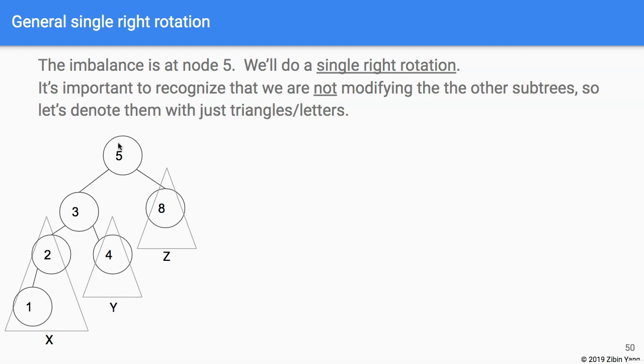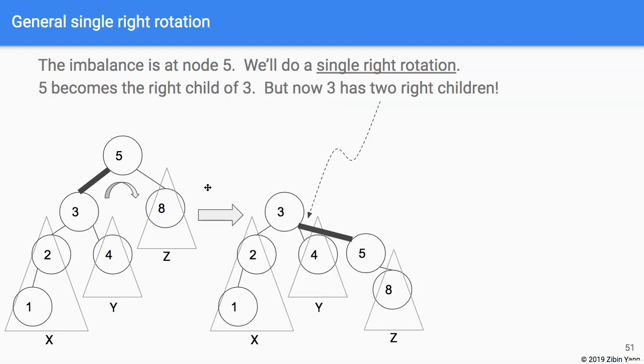And now we are going to rotate this tree to the right. If you remember what we did in the simple case, we simply put 5 as the right child of 3. And that's exactly what we'll do here. We simply take 5 and make it the right child of 3, and everything else is the same as before, right?